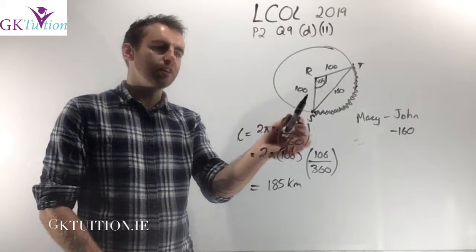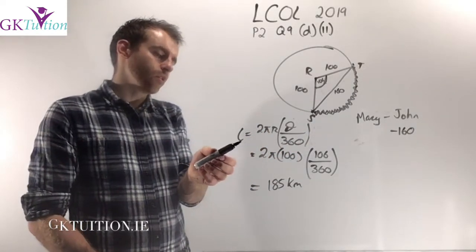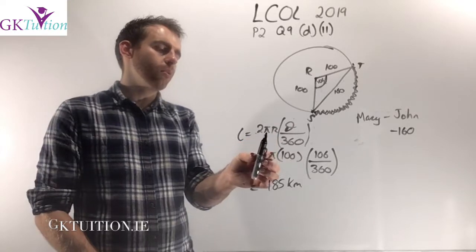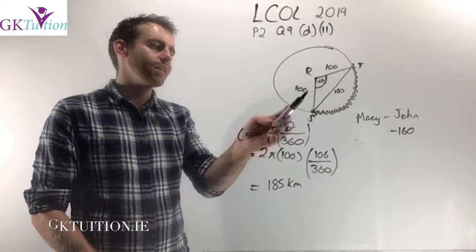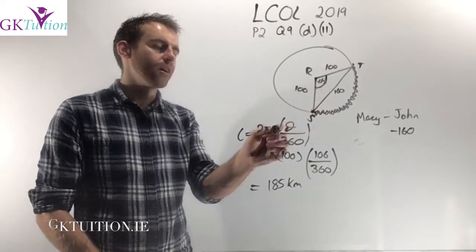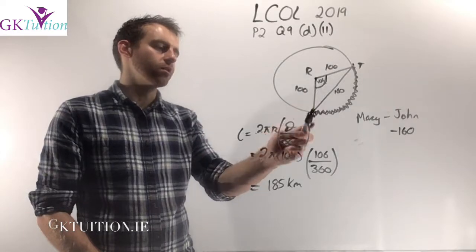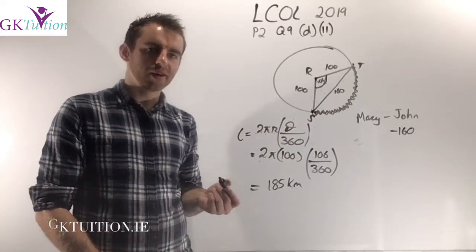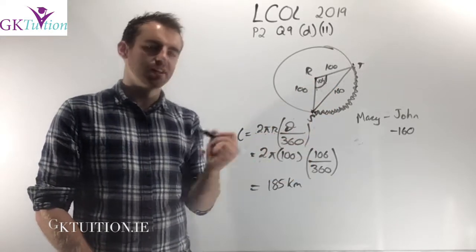Clearly we're dealing with degrees here because my angle is in degrees, so we'll use the formula that the circumference of an arc is 2 by pi by r by theta over 360, where theta is the angle in the centre of the arc and r is the radius of the circle. I know the radius of the circle is 100 kilometers, and from D part 1 we worked out that the angle at the centre of the arc is 106 degrees.